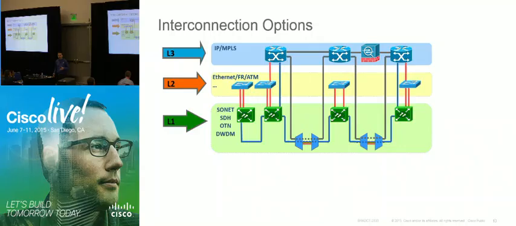Interconnection options. How do we interconnect devices in a network? This applies to data centers, and it applies to enterprise networks as well. In the first case, you have 2 routers with a layer 3 point-to-point connection, nothing in the middle. Chances are that a failure will be detected very quickly. I don't need any additional mechanism here.